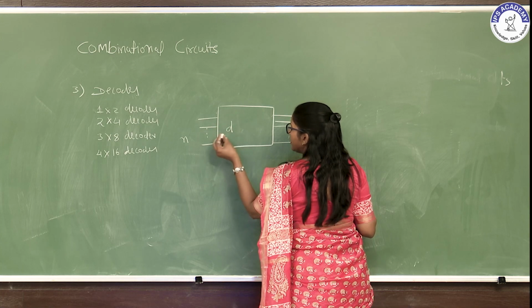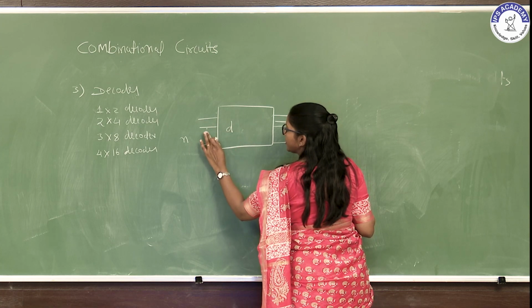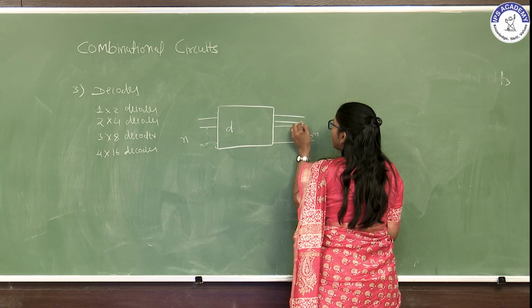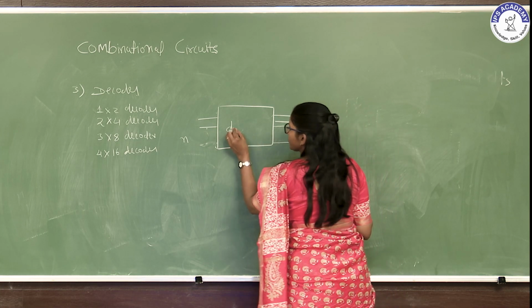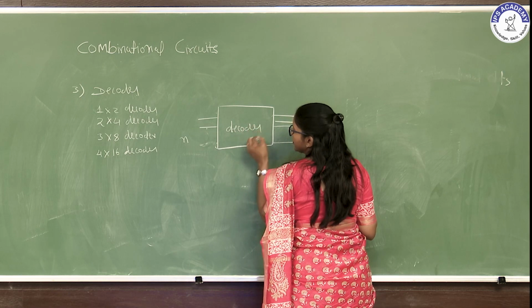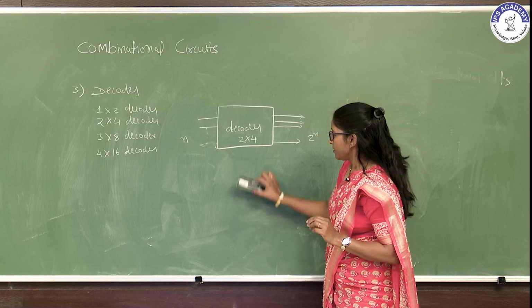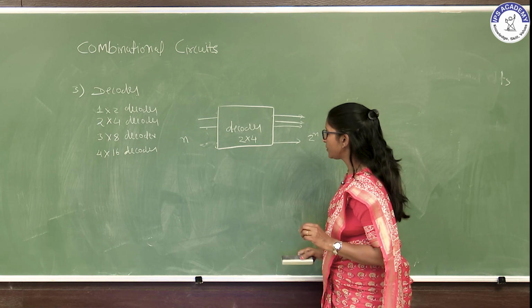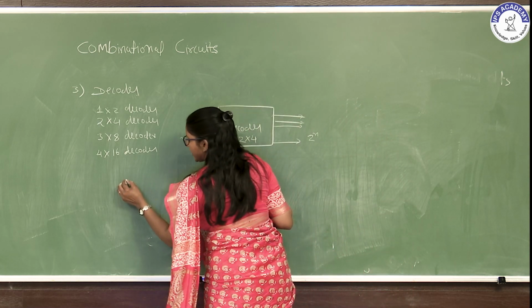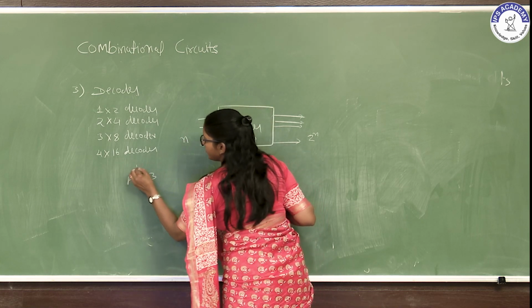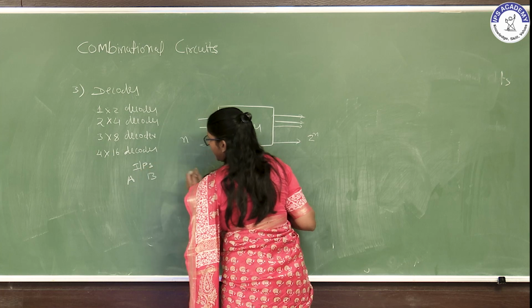Suppose I am writing over here, this is my 2 to 4 decoder. Here I have the 4 outputs, right? So how will I design the 2 to 4 decoder? Suppose I have 2 inputs A and B, and these are my inputs and outputs.